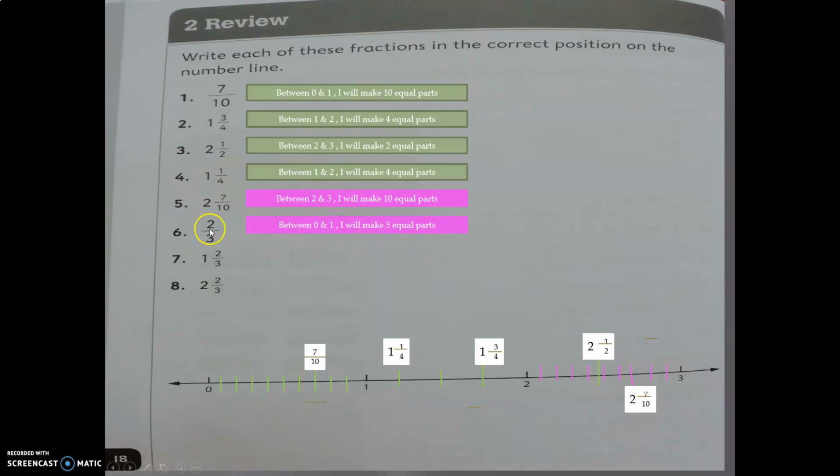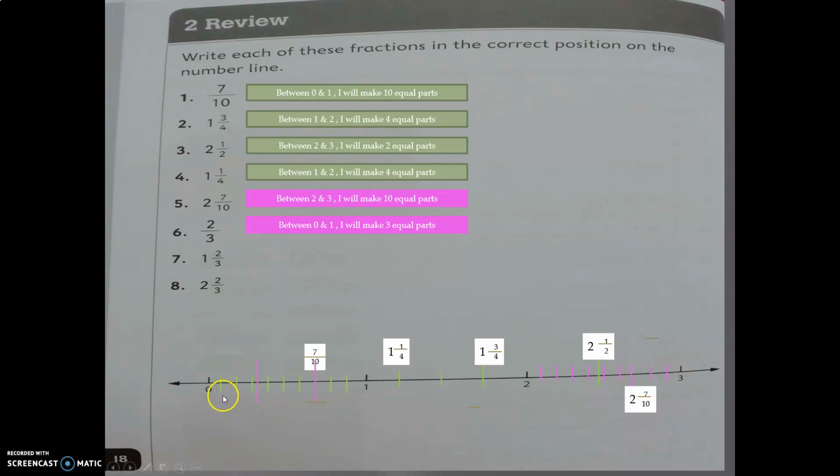And I need to make how many equal parts in the area between 0 and 1? Let's go to the denominator, 3. So I need to divide the area between 0 and 1 into 3 equal parts. 1, 2, 3. If I moved from 0 to the first part, it means I finished 1 out of 3.